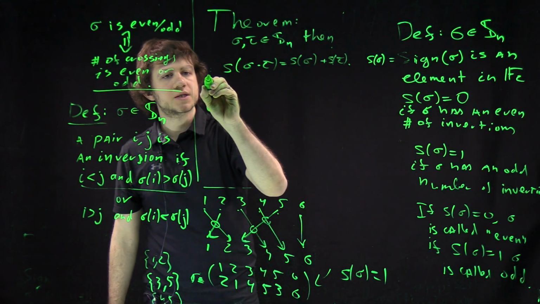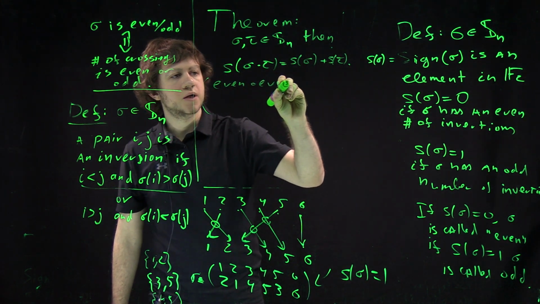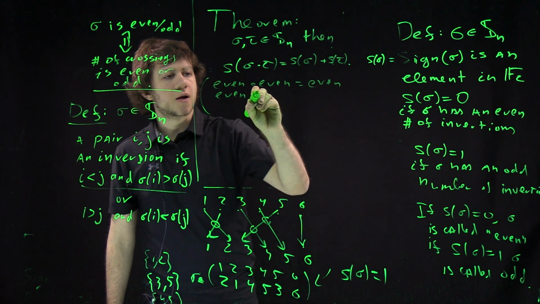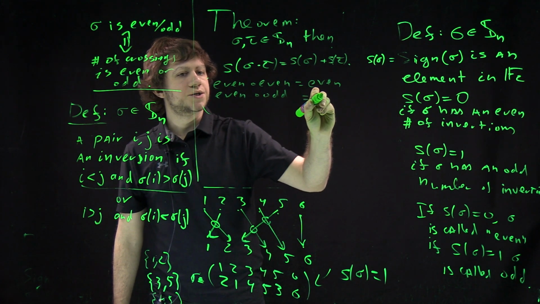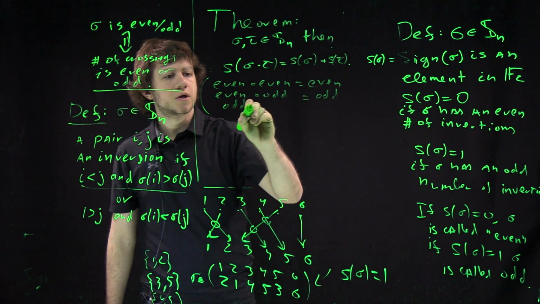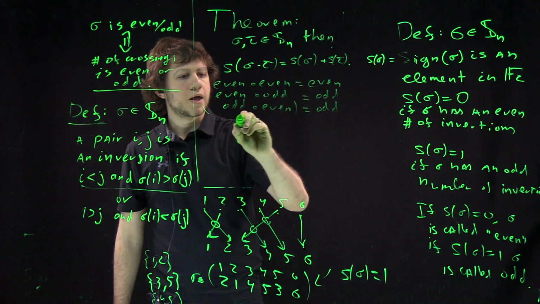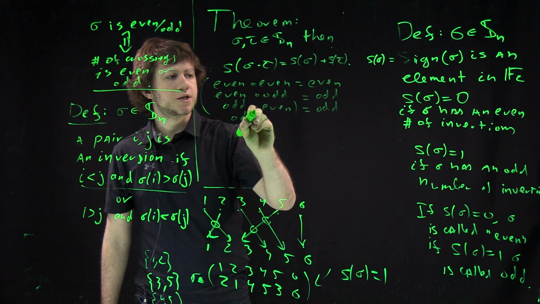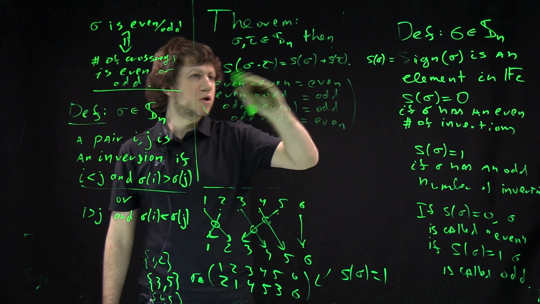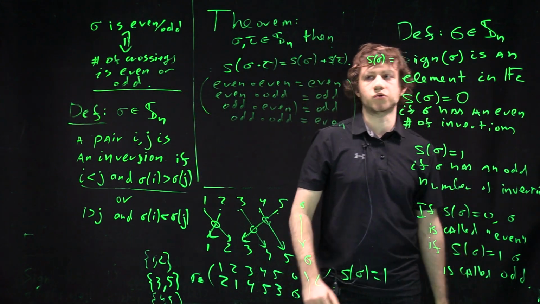What it means is that if you take even permutation and compose it with even, you get even. If you take even permutation and compose it with odd, you get odd. Odd composed with even, you get odd. And odd composed with odd, you get even. So this is literally what the theorem says. There are no other cases. But of course, it is very convenient to write it down using algebra in F2.